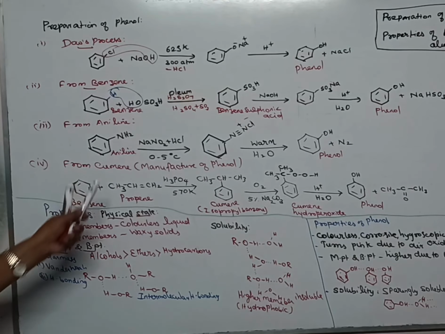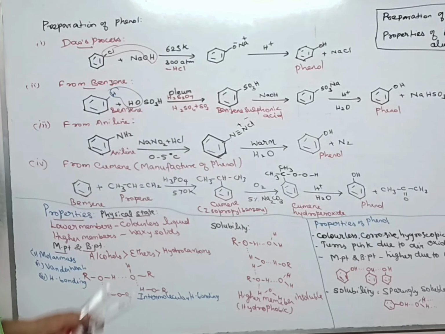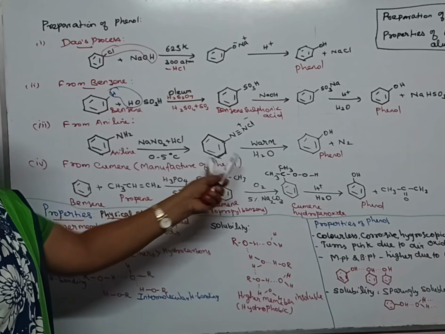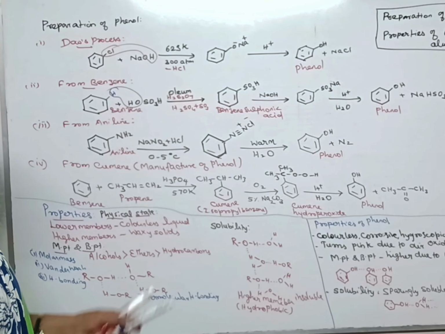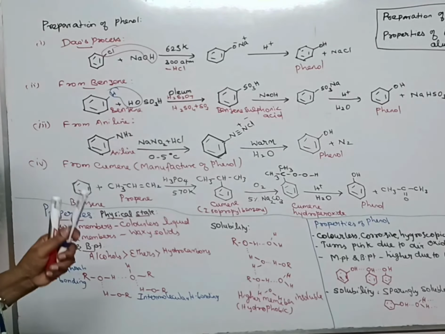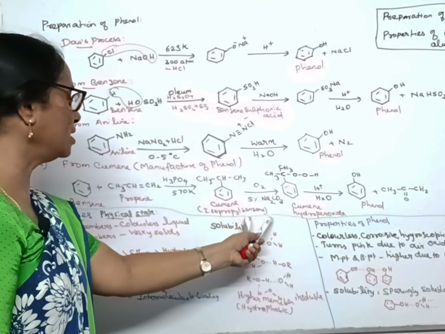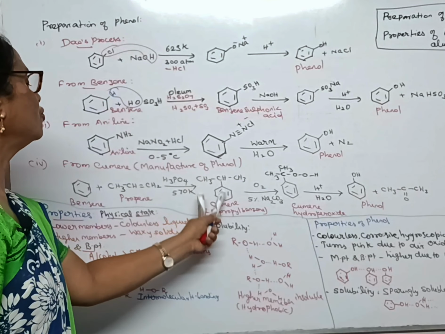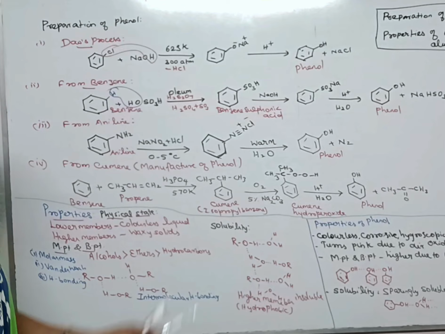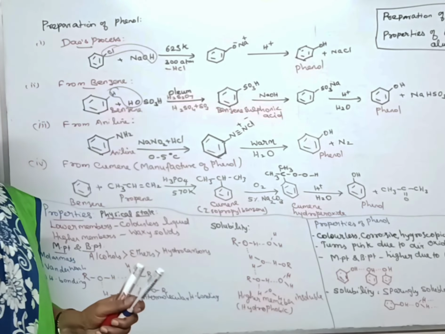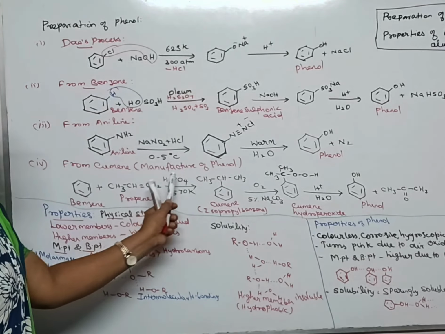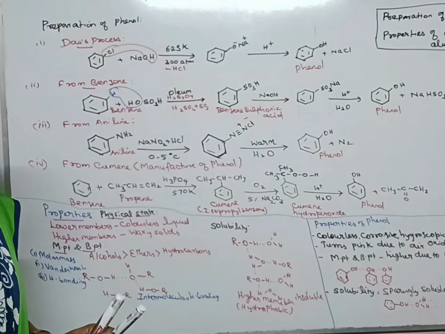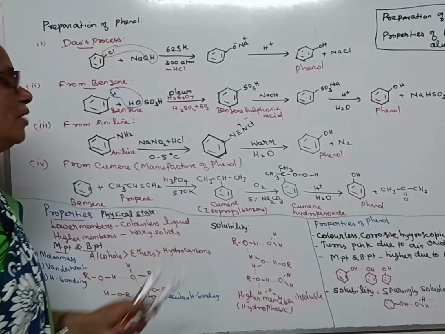The next method is from cumene. In this method, we can manufacture phenol for commercial purposes. What is cumene? Cumene is isopropyl benzene, or 2-phenyl propane. This isopropyl benzene is prepared by treating benzene with propene in presence of orthophosphoric acid at 570 Kelvin.